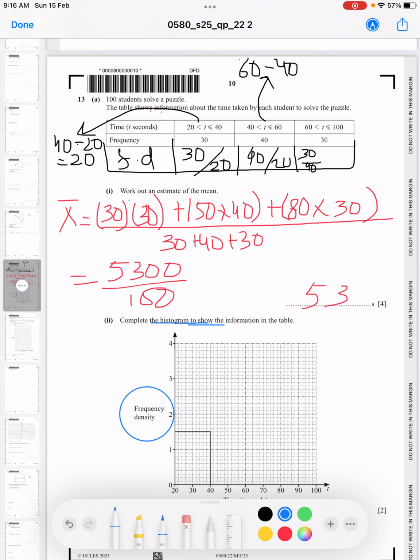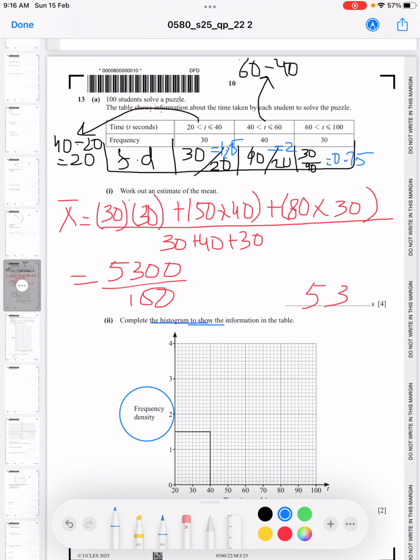For this one we get 0.75, this one we get 2, and for this one it is 1.5, sorry.